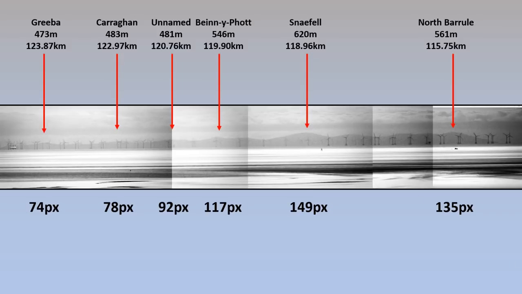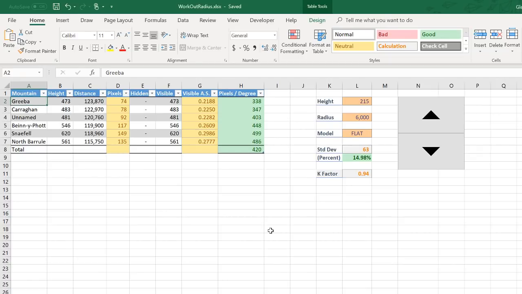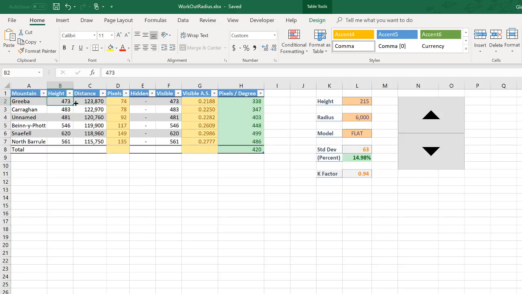Alright, so let's move over to Excel, and I will try my best to explain this spreadsheet. The first three columns are really just the data that we got from Google Earth: all the mountains, their elevation above sea level, and their distance from his observation point. And then my best measurement as to how tall they appear in the image.